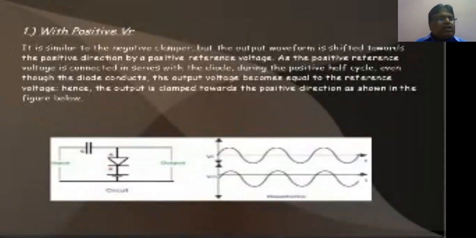With a positive reference voltage, it is similar to the negative clamper, but the output waveform is shifted towards the positive direction by the positive reference voltage. As the positive reference voltage is connected in series with the diode, during the positive half cycle, even though the diode conducts, the output voltage becomes equal to the reference voltage. Hence, the output is clamped towards the positive direction as shown in the figure below.